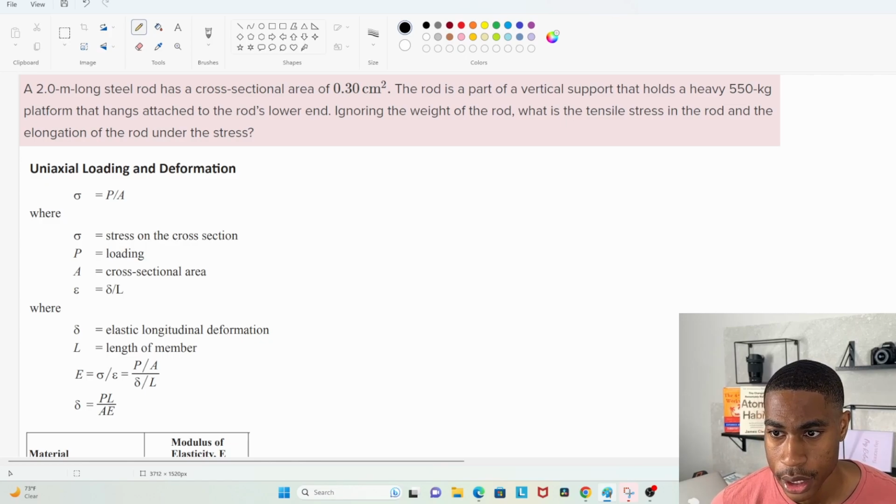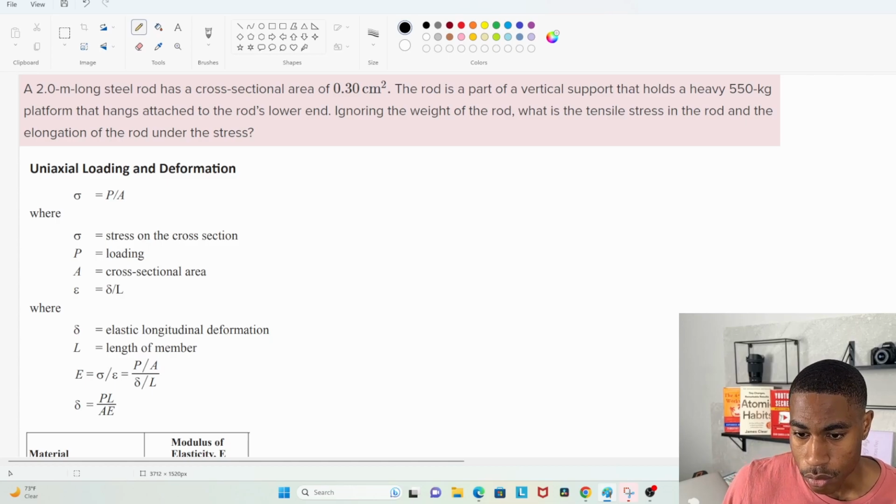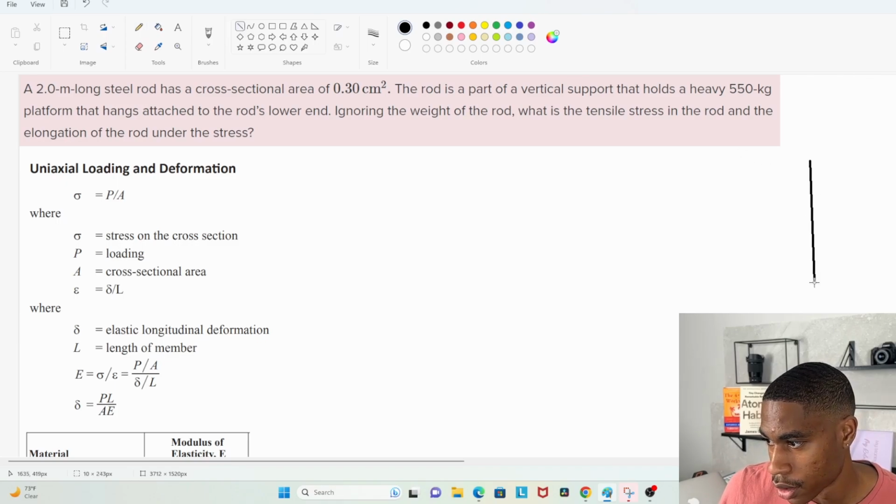So if you can kind of picture this, I'll just draw out the straight line.